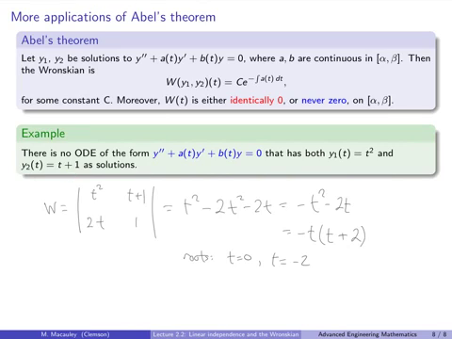So let's take an interval that contains either 0 or negative 2, and what do we get? We get something that's impossible. The Wronskian is either, again, identically 0 or never 0. Here, this Wronskian is 0 at 2 points. That's impossible. Therefore, there cannot be an ODE of this form that has both of these things as solutions.